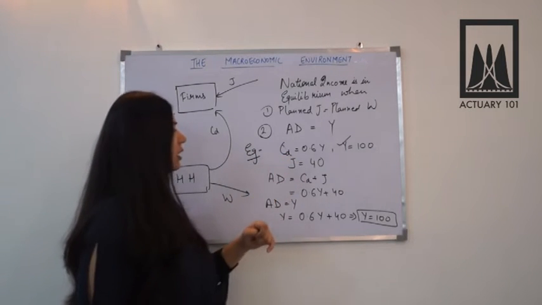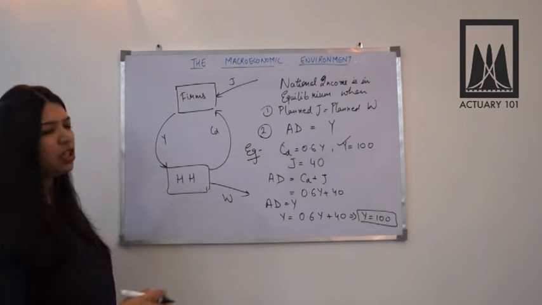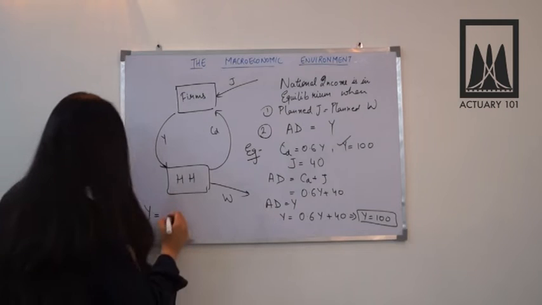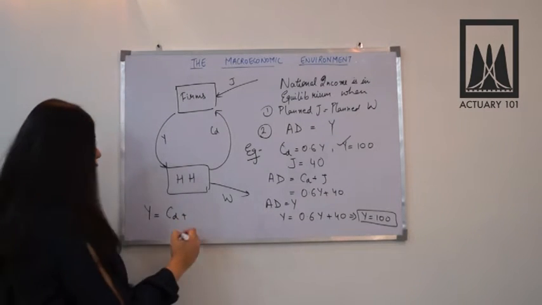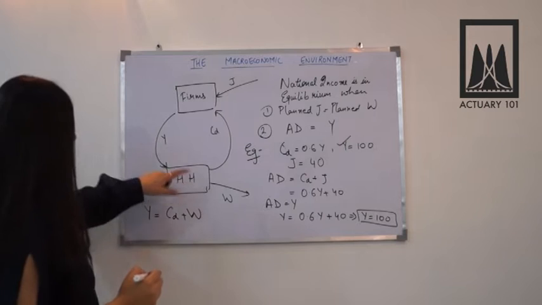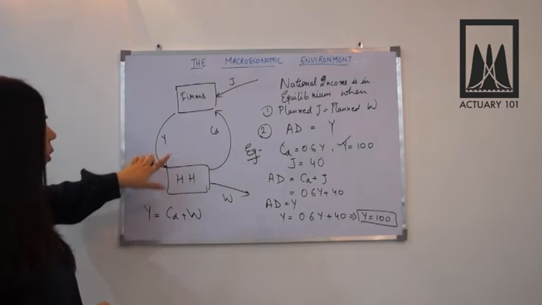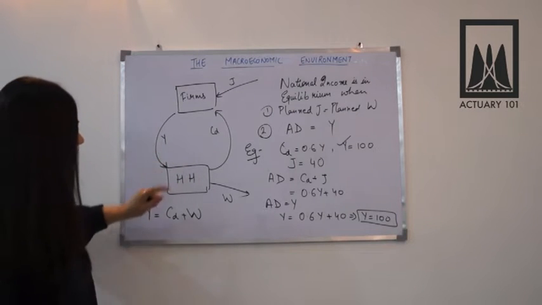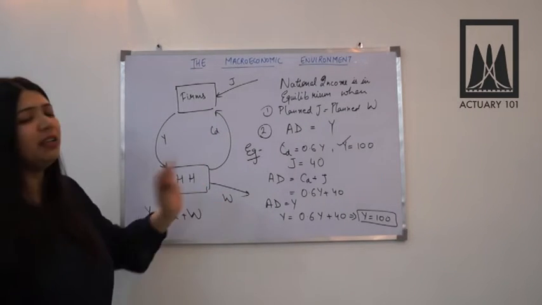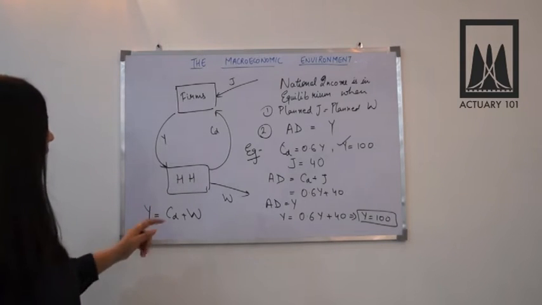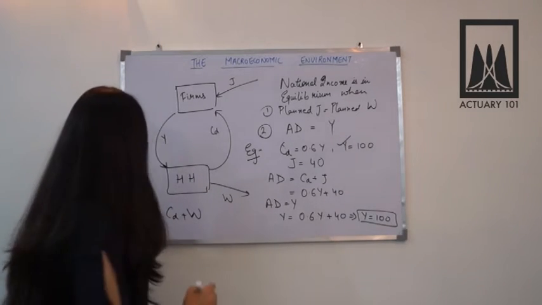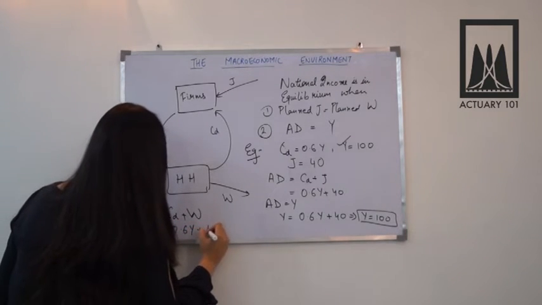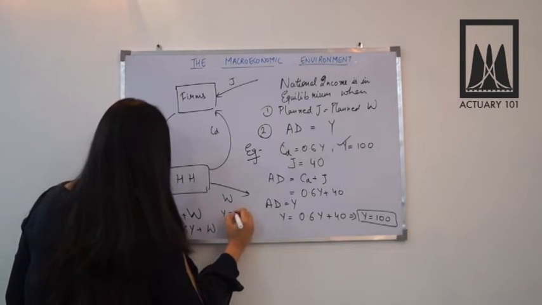Again, to look at it the other way, whatever your income is, you will either consume it or you will withdraw it. Whatever the households are getting as income, they will either consume it or withdraw it. So these are the two cases that can happen. Now, Y is equal to 0.6Y plus W, and my Y is already given as 100.